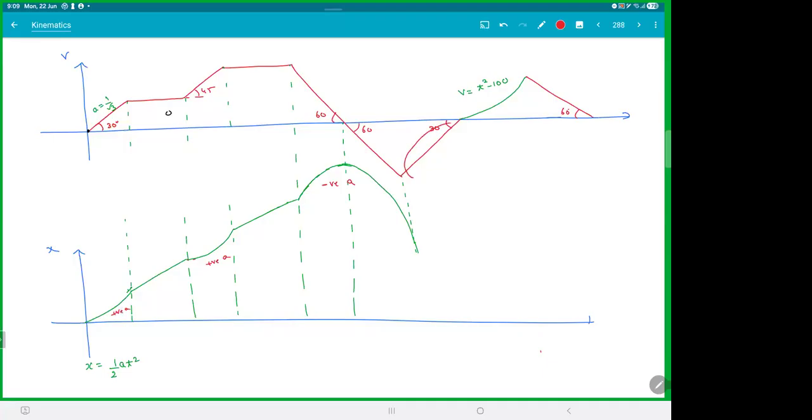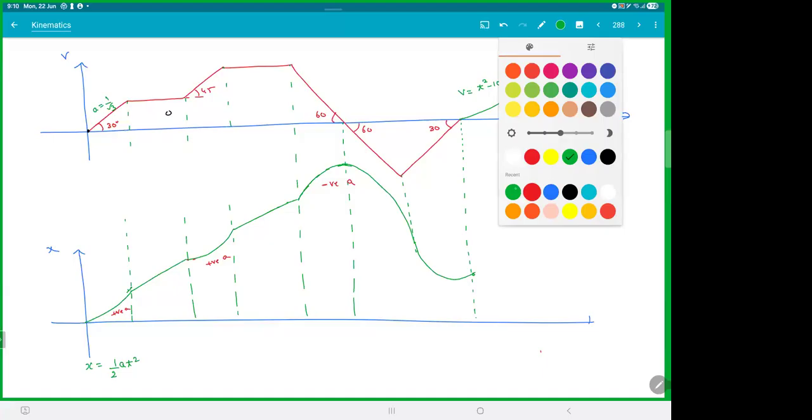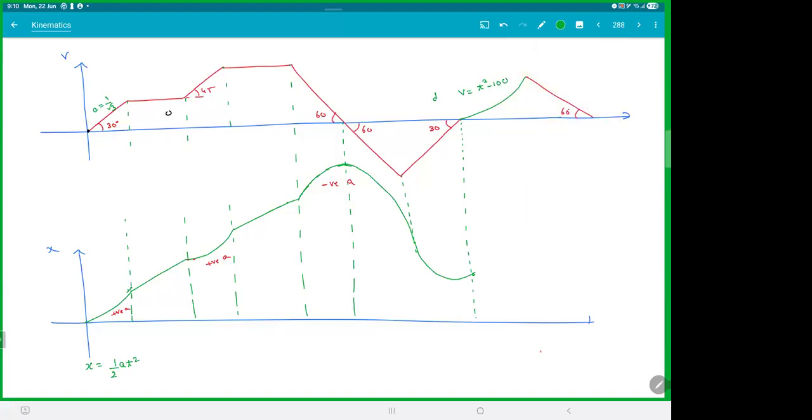So now what do you have? You have a positive acceleration, so it should be upward. So the graph would look like this. It will take a turn here. And v is equal to t square by 10. So if you integrate this, dx by dt, you get x is equal to t cube by 3 minus 100t. Yeah, that is the cubic equation.